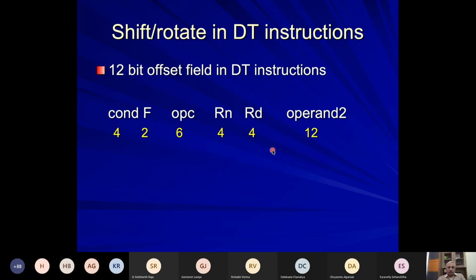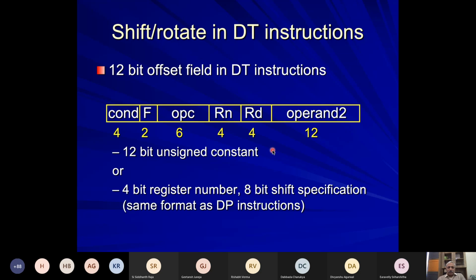And in the DT instruction, you have that up-down bit as part of OPC, and operand 2 has provision for providing shift. Either you have a constant or you have a register with possible shift.